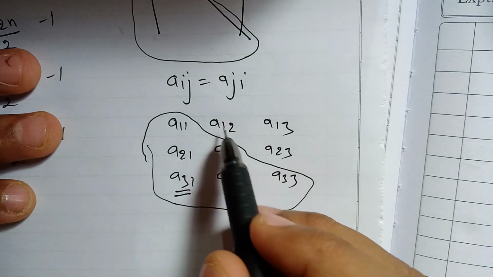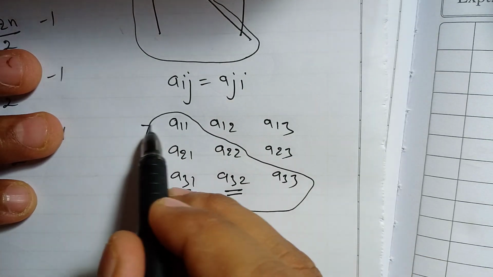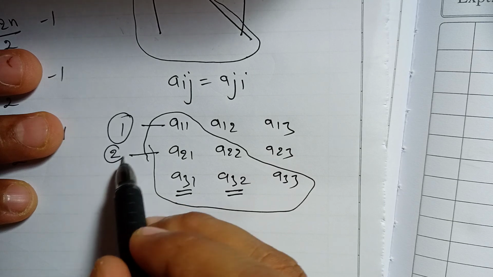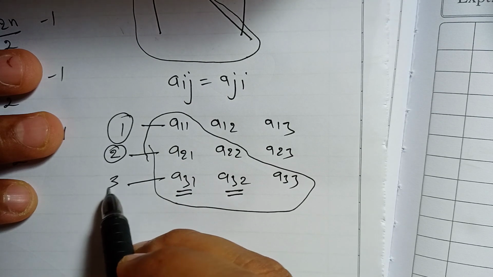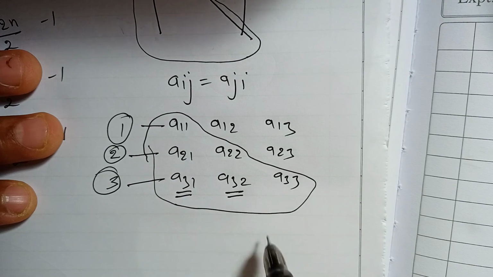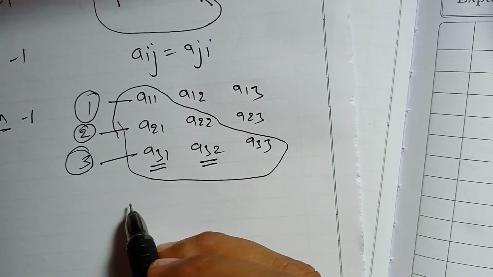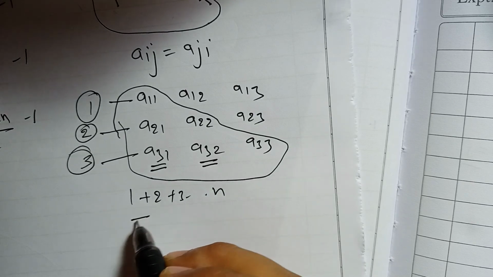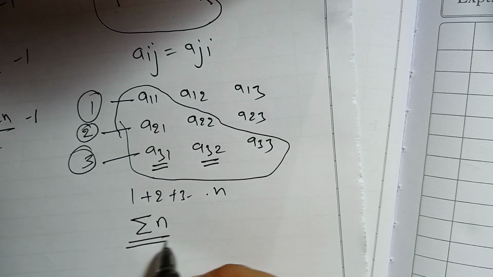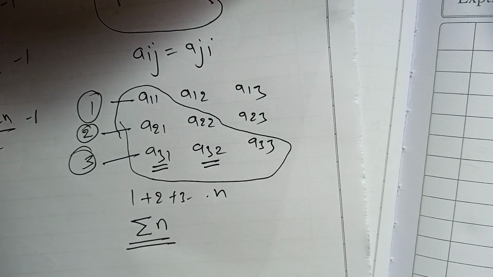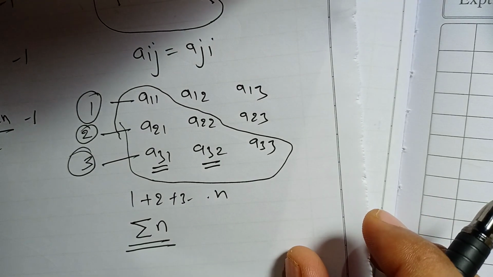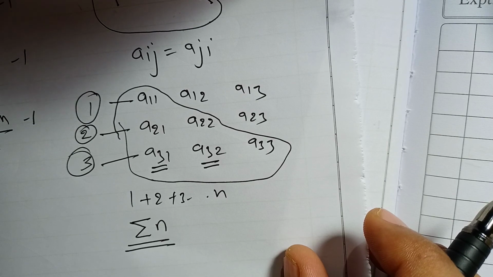So these are the dependent variables, and so from the first row we get one free variable, from the second row we get two free variables, from the third row we get three free variables. Like that, if n cross n matrix, we get the summation 1 plus 2 plus 3 dot dot dot n, so summation n. So the number of free variables in a symmetric matrix of order n cross n is summation n. Now here it is telling that it is a symmetric matrix with trace 0.